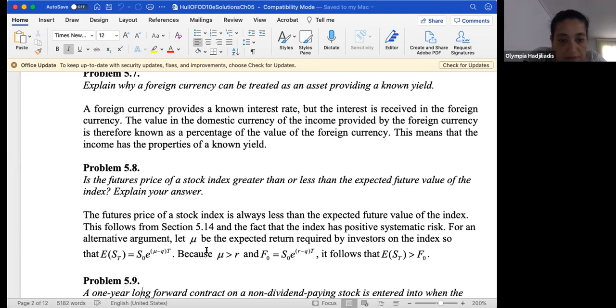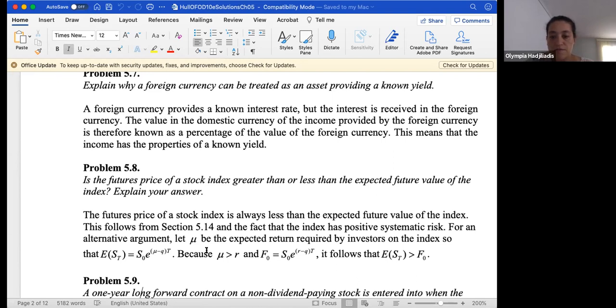For an alternative argument, let mu be the expected return required by investors on the index, so that the expected value of ST is equal to S0 e to the (mu minus q)T. Because mu is greater than r and F0 is equal to S0 e to the (r minus q)T, it follows that the expected value of ST is greater than F0.